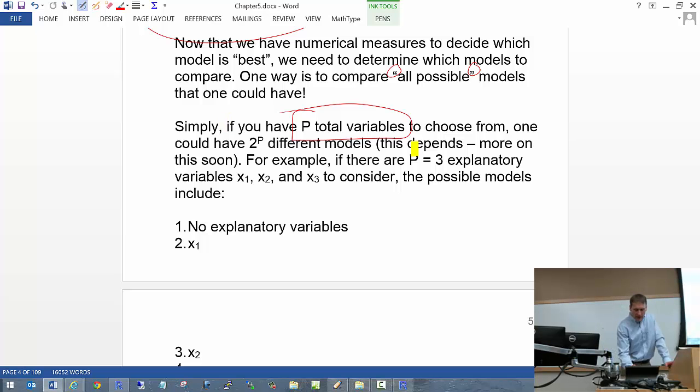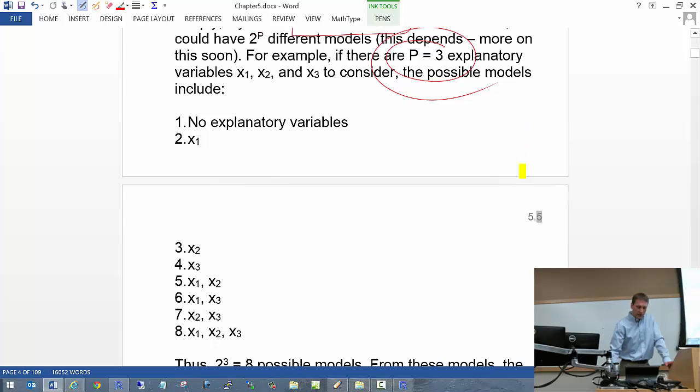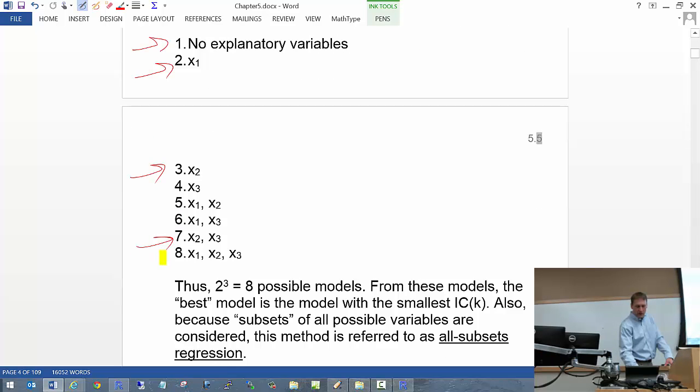With respect to p equal 3, just to make sure you understand, what would be all the possible models? Well, you could look at a model that has no explanatory variables at all. It's not much fun, but that is a possible model. And then one that has just x1, one that has just x2, or one that has x2 and x3, or one that has x1, x2, and x3.